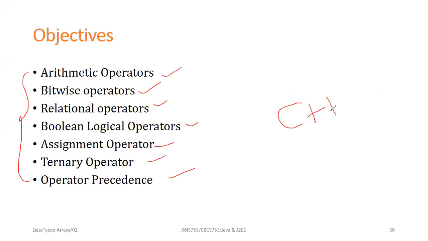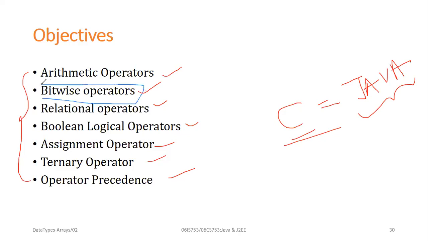Now the same thing you're going to discuss with respect to Java. The thing which you studied in C is quite parallel to Java. That's why I picked this one at the end, since you know this already. You can consider this as a revision, but the most important thing is I'm going to discuss something important with respect to bitwise operators. This is a very, very important topic which I'll be discussing.